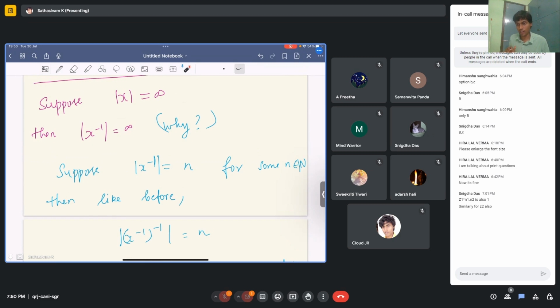Okay, now I have another question. Can you tell me at least one example where x has infinite order? Is there a group in which there is an element which has infinite order?